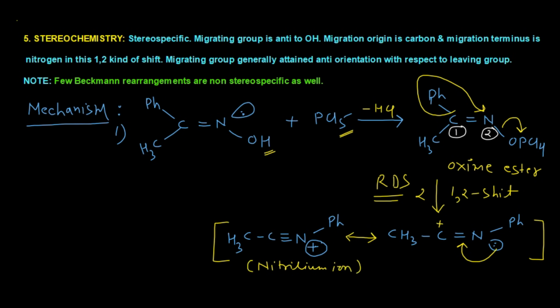Why? Because the presence of this nitrylium ion is also detected by IR spectroscopy. So scientists have proved the presence of the nitrylium ion with the help of IR spectroscopy, right? It is very, very important.